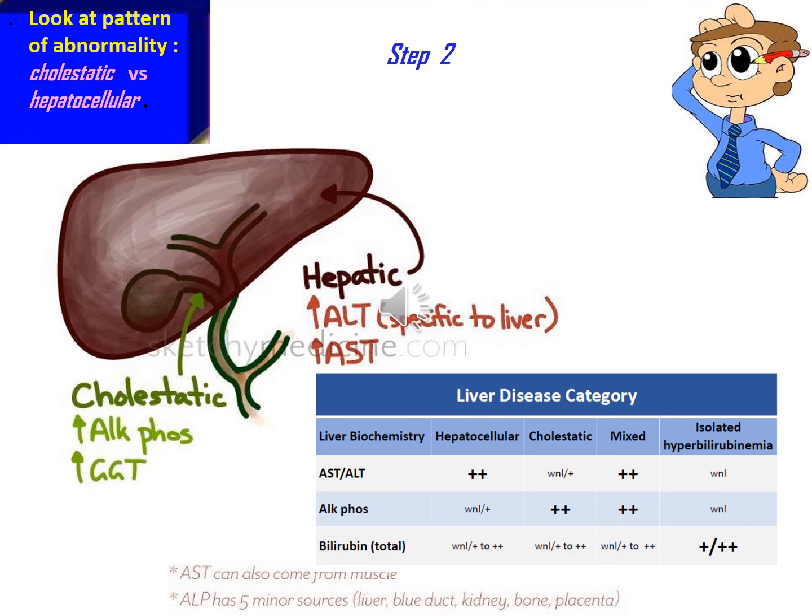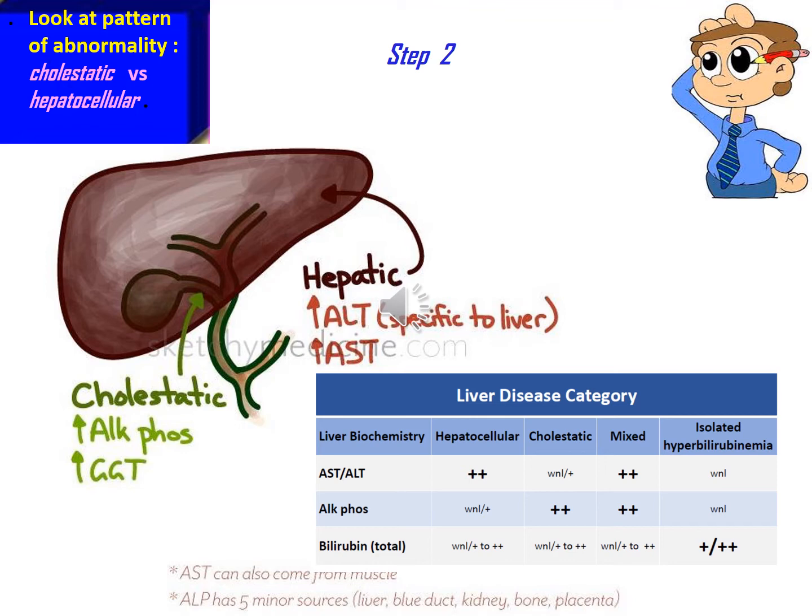If the main change is in the enzymes denoting liver injury, a marked increase in ALT and AST, rather than the other groups, which are biliary integrity or cholestasis, alkaline phosphatase and gamma GT, and functionality.